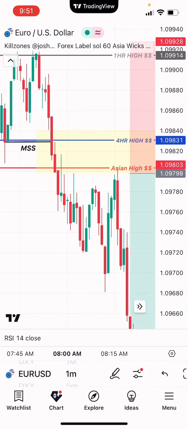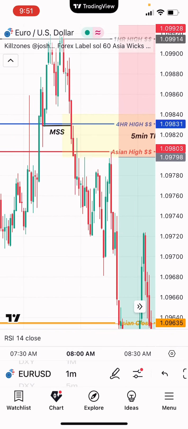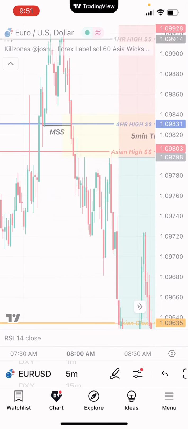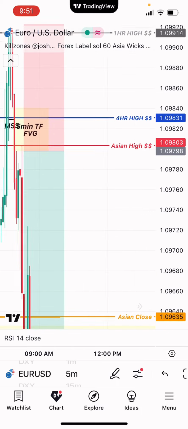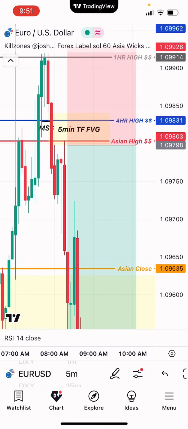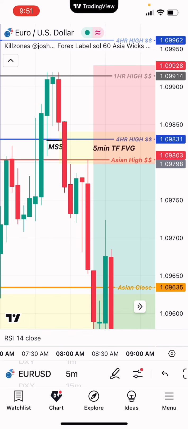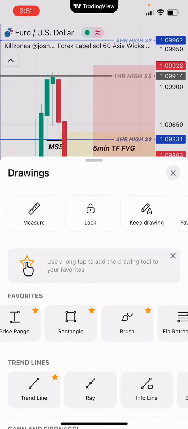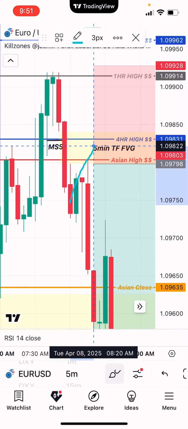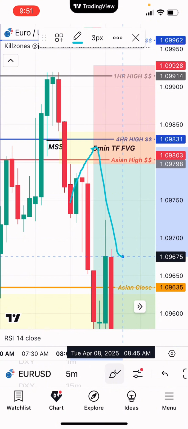As I saw the market structure shift, I switched down to the 5 minutes, and I saw there is a 5 minute fair value gap. So I already knew that price will definitely come back for this 5-minute fair value gap and then continue to the downside.